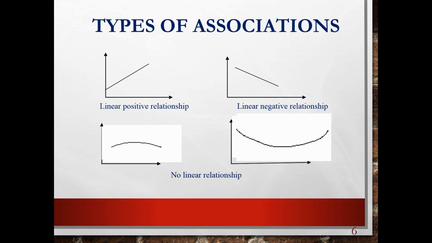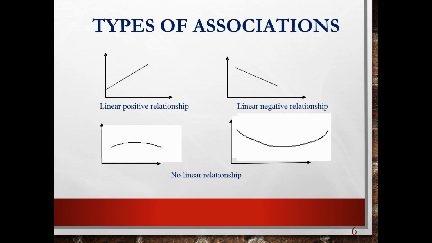Some common types of associations that you can examine in scatter plots are when you can approximate a trend line like this on the scattered points. You can say there's a linear positive association because the points are falling in a linear pattern.